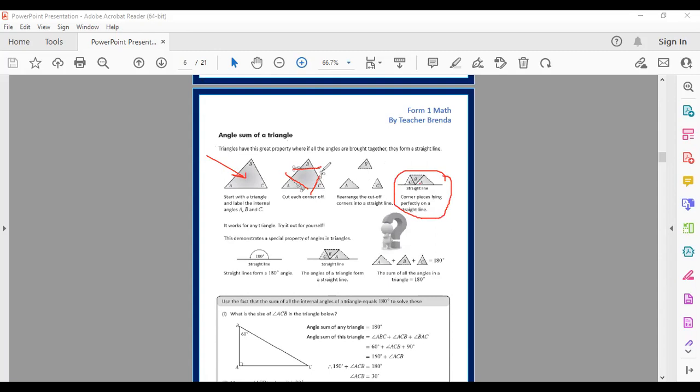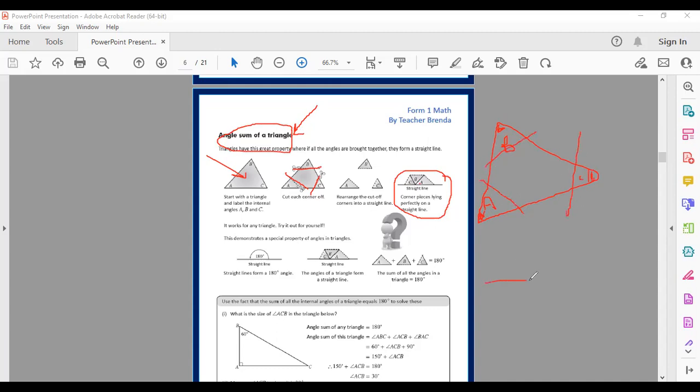How many of you have done this? So this is going to be a hands-on test for you. After this, go draw a triangle. Label it angle A, angle B, angle C. After that, cut it out.